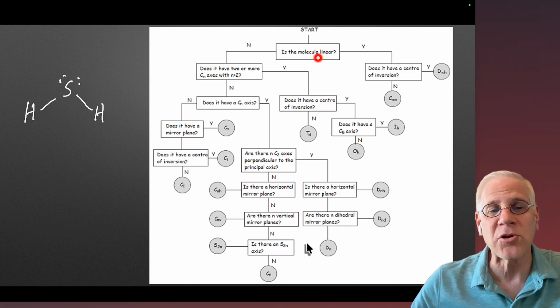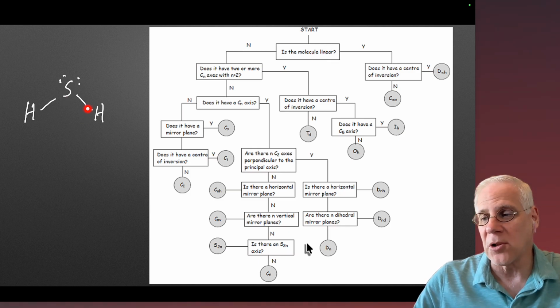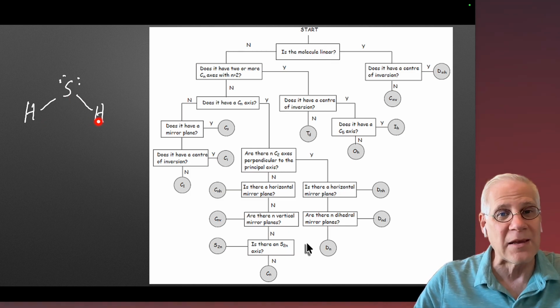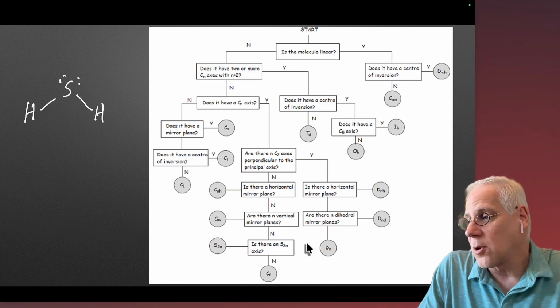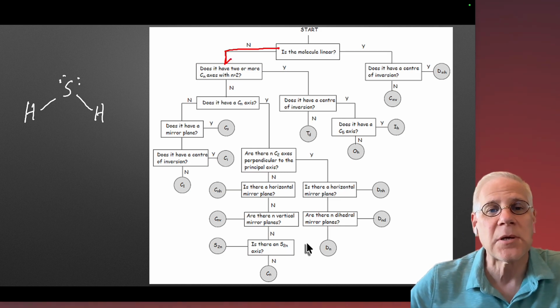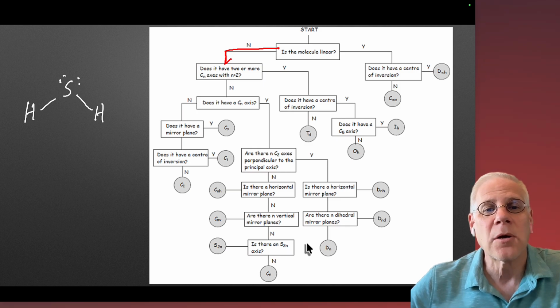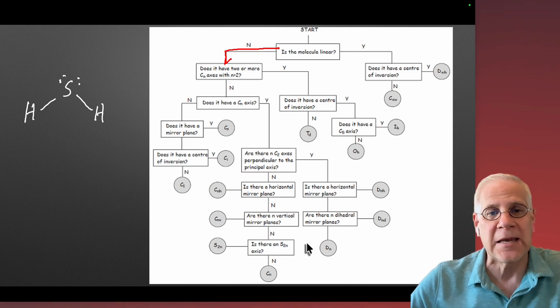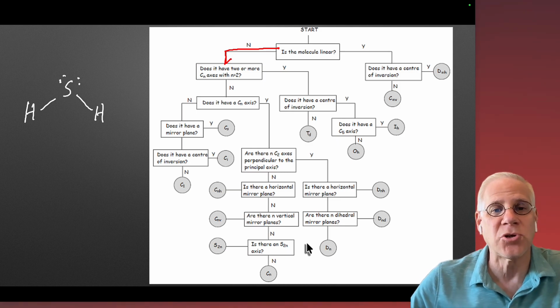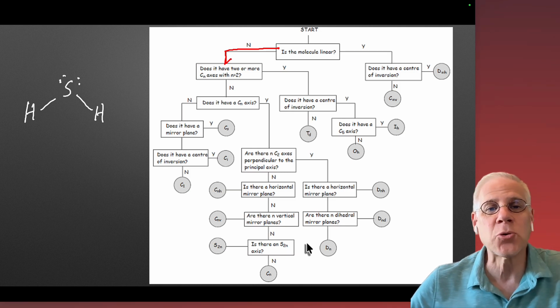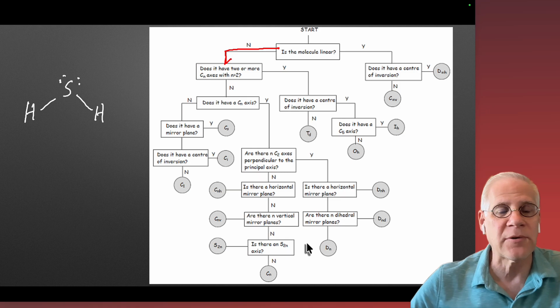We want to know, is the molecule linear? Well, clearly the molecule is not linear because we know that it is bent. And so we are going to be going this way. So you follow down here. The next question, does it have two or more Cn axes with n greater than 2? In other words, does it have two or more rotation axes where n is greater than 2?